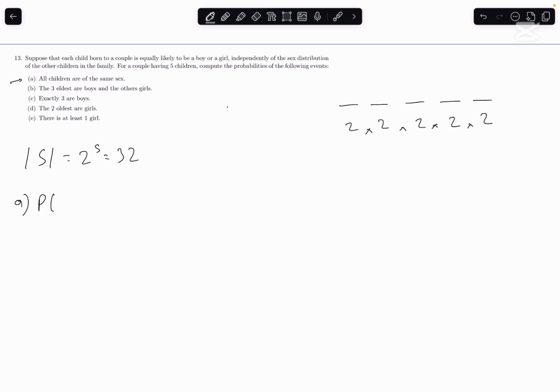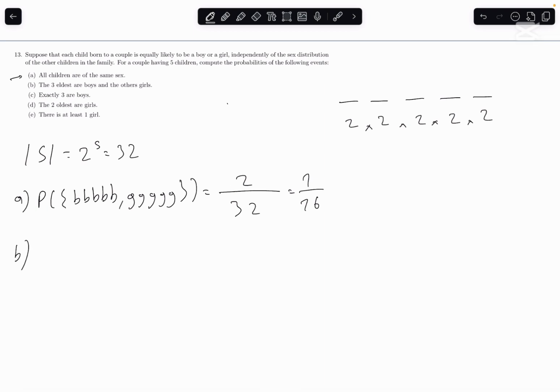The first event will be boy, boy, boy, boy, boy, and the other is girl, girl, girl, girl, girl. In each slot we have either boys or girls. Since we have 32 in total, the probability will be 1/16 for section A.